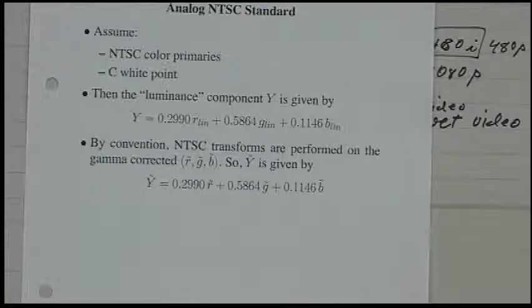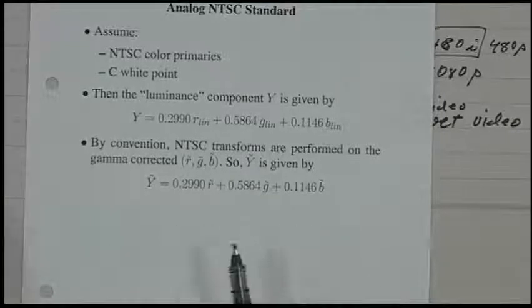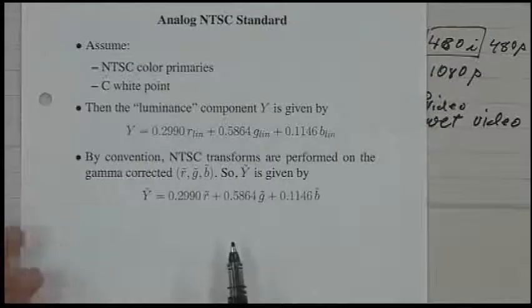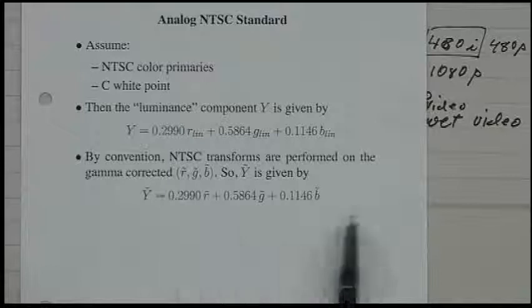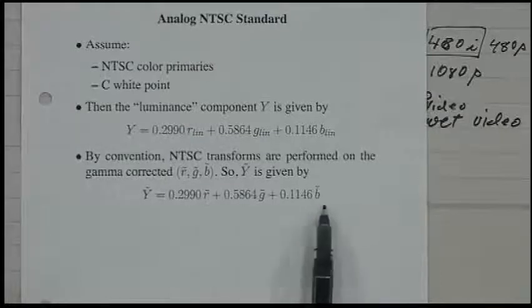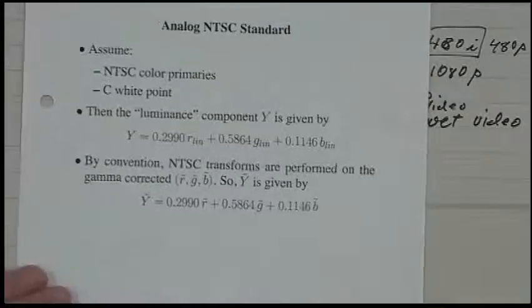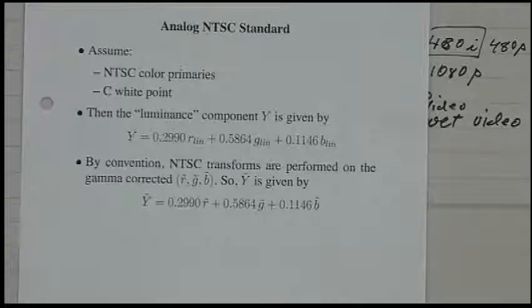Okay? So it's just a historical thing, right? I mean, the transform is all wrong, okay? But it's what they do. So if you want to decode a digital signal today from a TV set, the Y component is formed by this, where R, G, and B here are the gamma-corrected RGB values using whatever color system you're using.